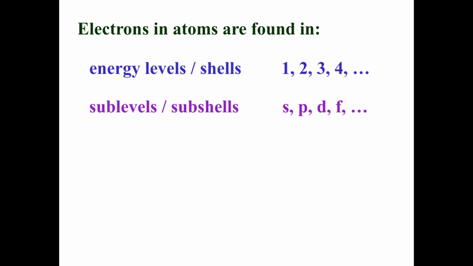The sublevels or subshells are characterized by letters S, P, D, and F, and in terms of quantum numbers, which we'll see soon, S corresponds to an L quantum number of 0, P corresponds to an L quantum number of 1, D is L equals 2, F is L equals 3, etc. And then the orbitals are the rooms within the subshell.